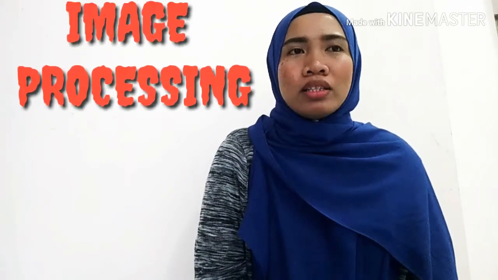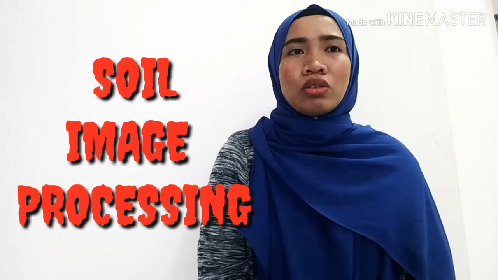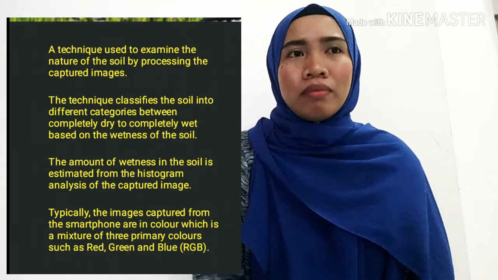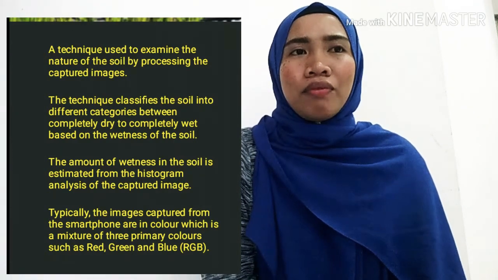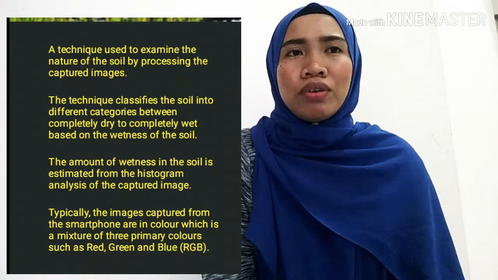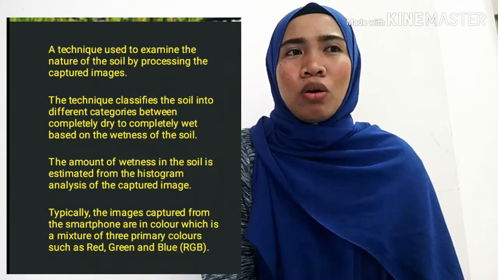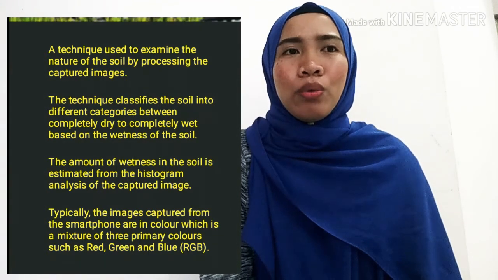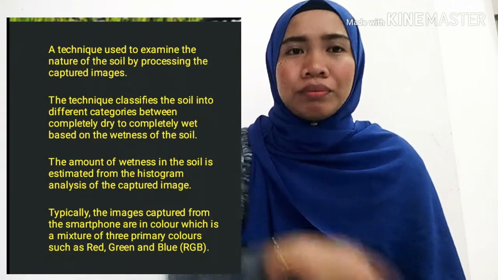Furthermore, soil image processing is a technique used to examine the nature of the soil by processing the captured image. This technique classifies the soil into different categories between completely dry to completely wet based on the wetness of the soil.